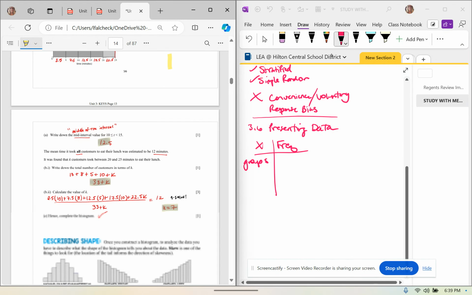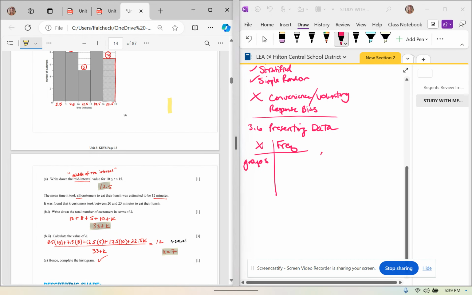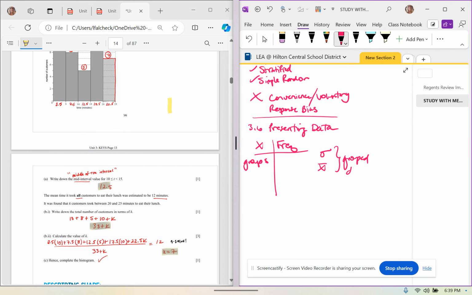And if you had to go ahead and approximate the standard deviation or mean of grouped data, you take the midpoint of each group, and then you multiply it by the number of items or frequency in that group, and then you would run 1-bar stats.